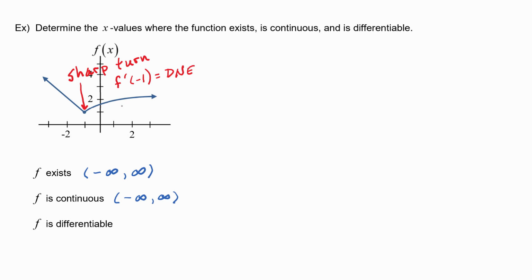And that means that f is not differentiable at x equals -1. So then to say where f is differentiable, we would say from negative infinity to -1 union -1 to positive infinity.